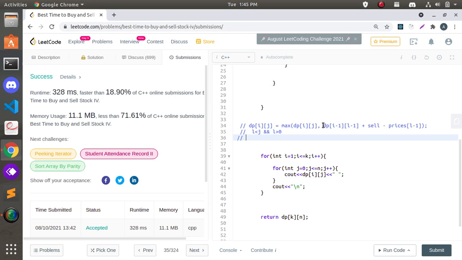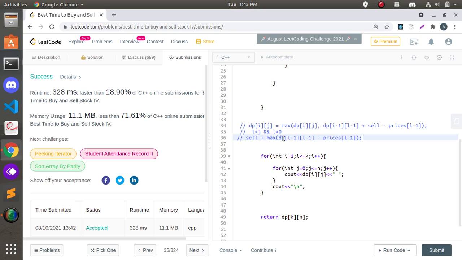If you look at that part, focus on what is common in the jth position. You can see that the cell is common in all three, so we can just take it out of the maximum, and the maximum will be dp of I minus 1, L minus 1 here also, and minus of prices, right?